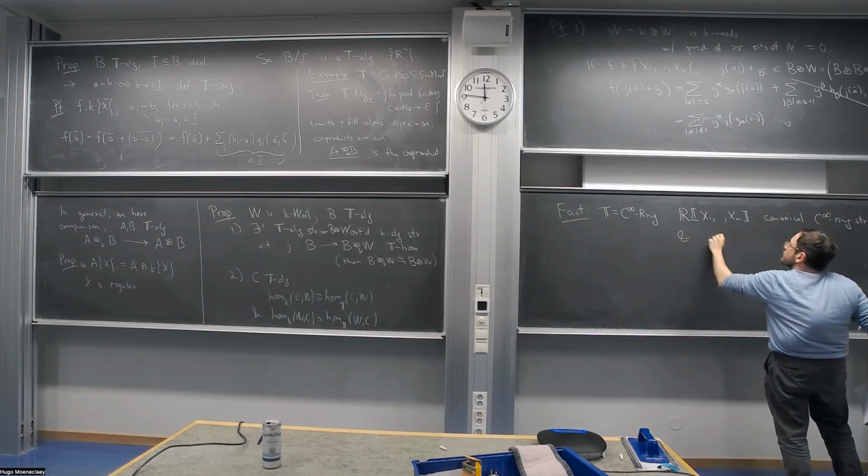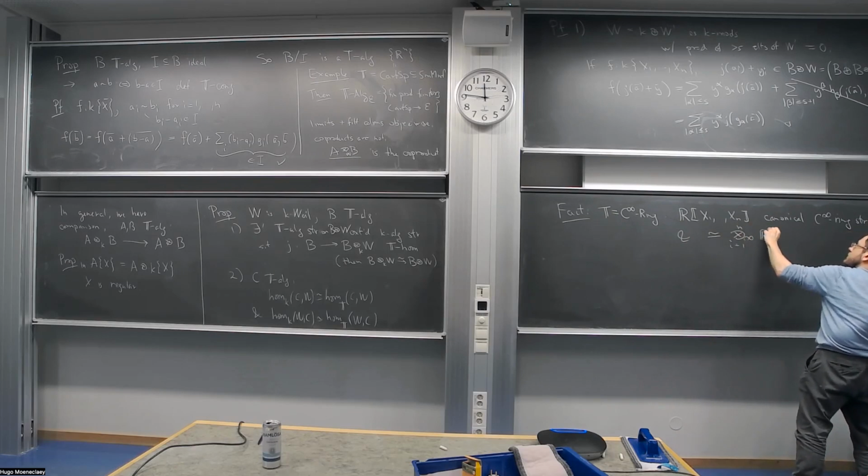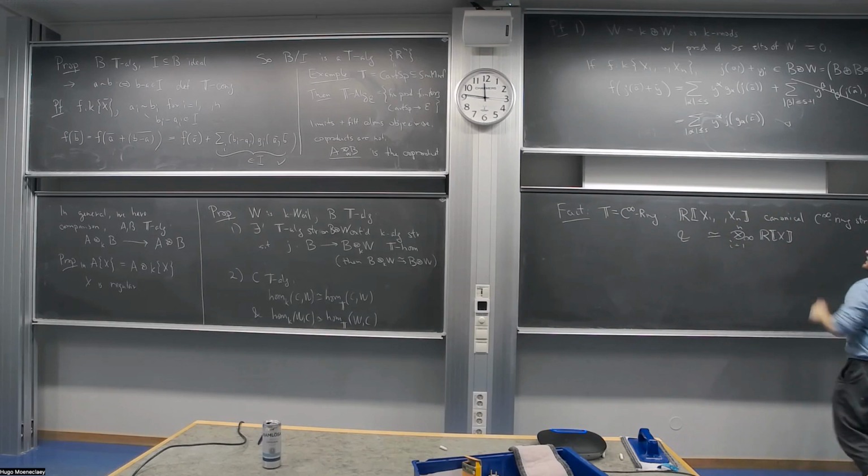And it's going to be isomorphic to the smooth tensor product, over 1 to n, of the one variable power series. So that's going to help with doing some power series manipulations.